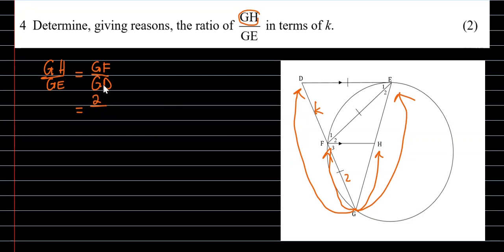Then GD is 2 plus k. So here you'll get 2 over 2 plus k. Then that's it, you are done with this. Then you can write your reason why you said this: because of the proportionality theorem. Right? Then we are done with this question.